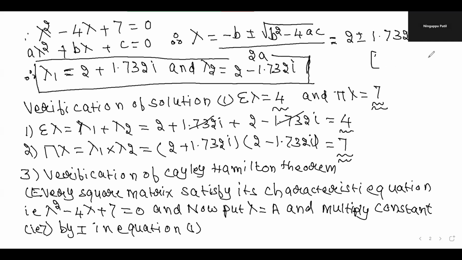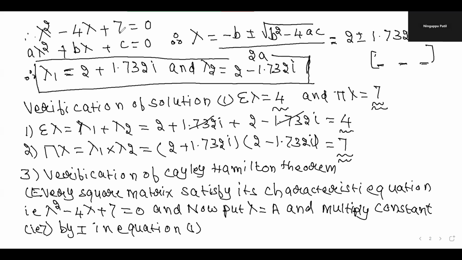Look here, the cursor is here, and here you have to enter the values. The coefficient of lambda square is 1, so enter 1 and press equal, and the cursor comes here. Then the coefficient of lambda, minus 4, and press equal, and the cursor comes here.